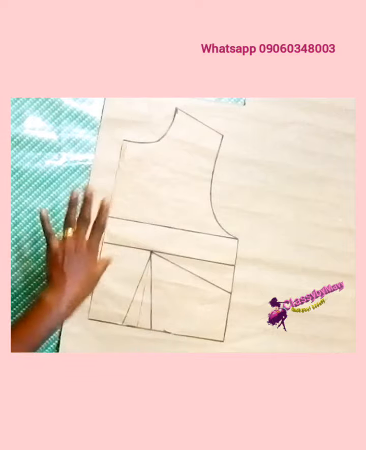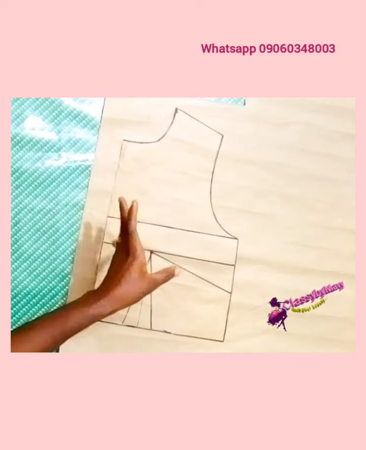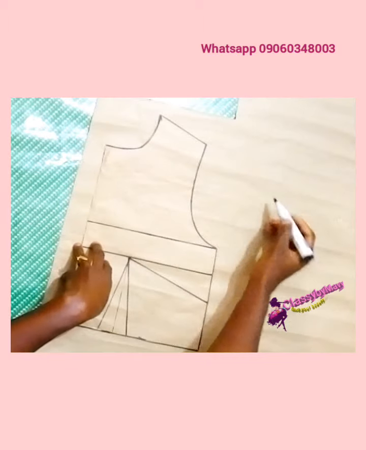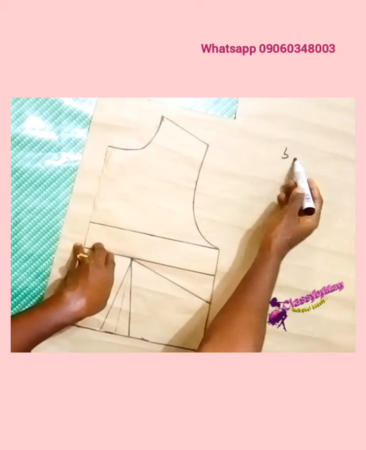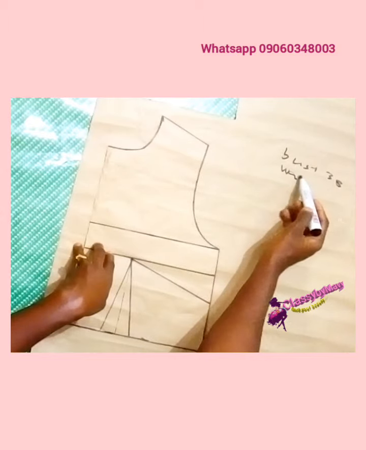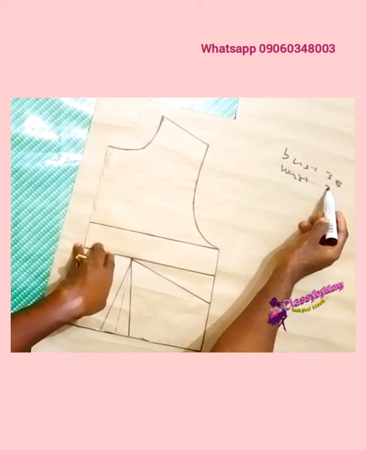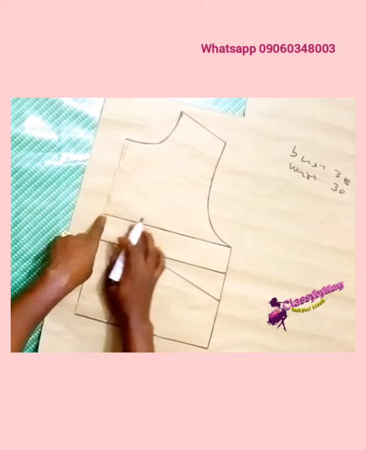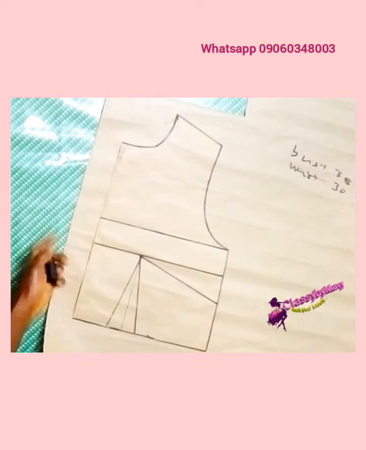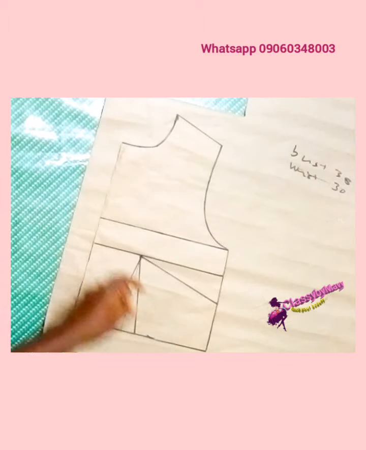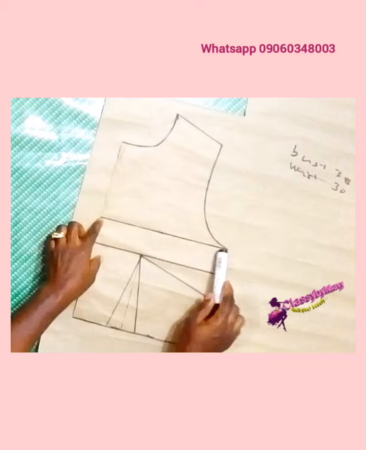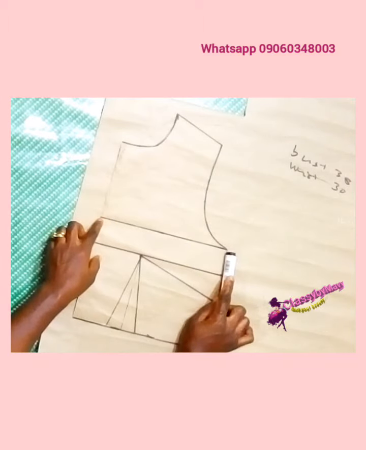So let's assume you want to grade this one for that size as we mentioned, bust 38 and waistline 30. And this is already bust 36 and waistline 28. What you simply do here, you know that you want to increase the bust circumference by 2 inches, right?